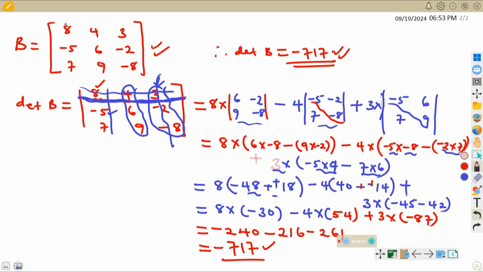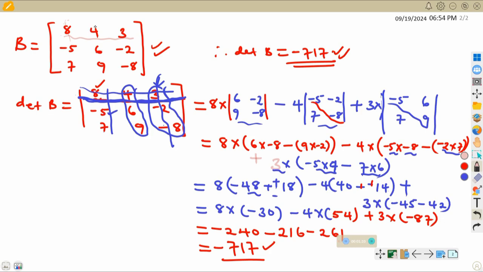So the most important part is that you will be considering the first row, then consider each of the entries in that first row. Whenever you are considering a number like 8, delete the row and the column where 8 lies and get the determinant of the remaining entries.